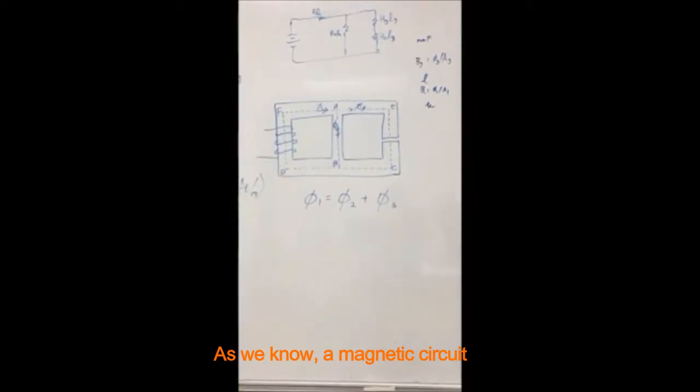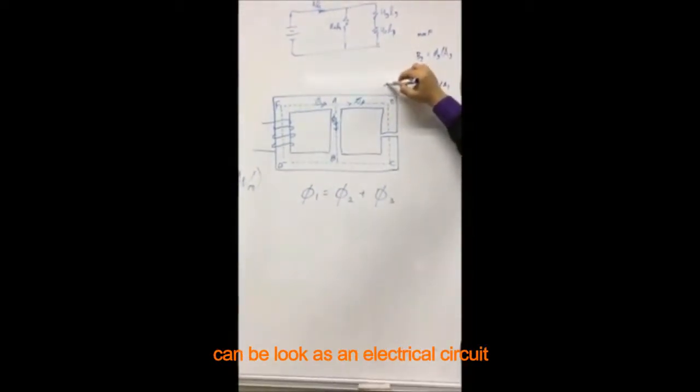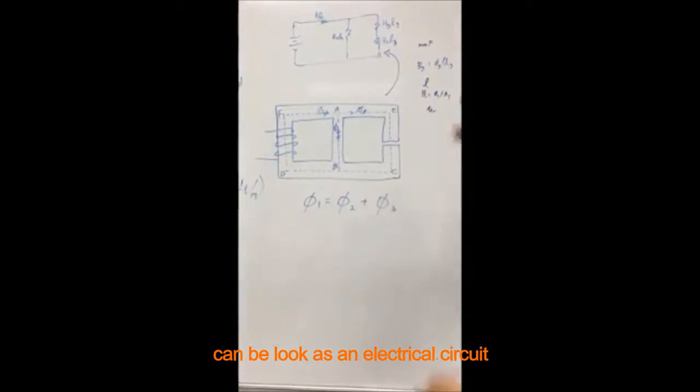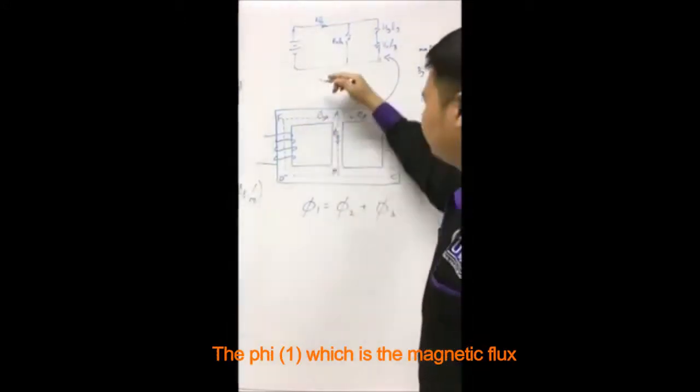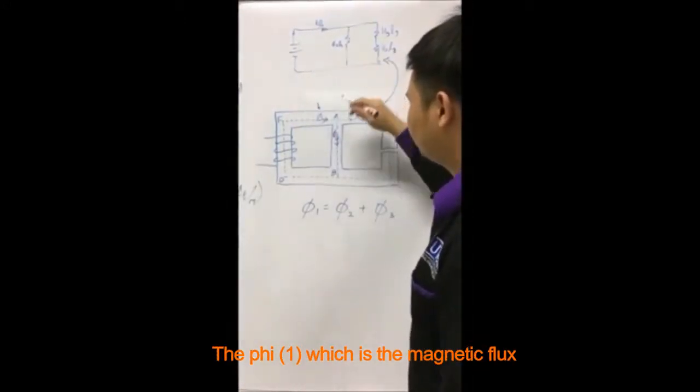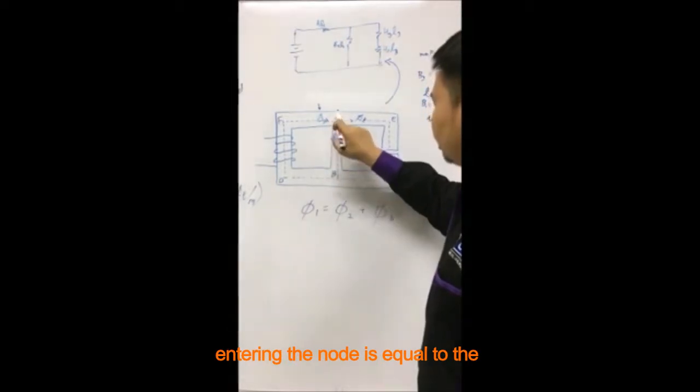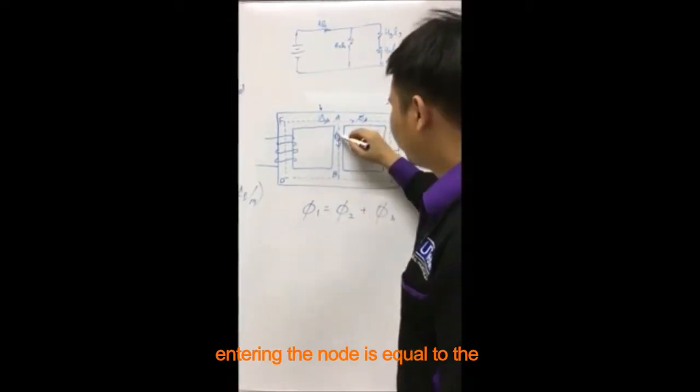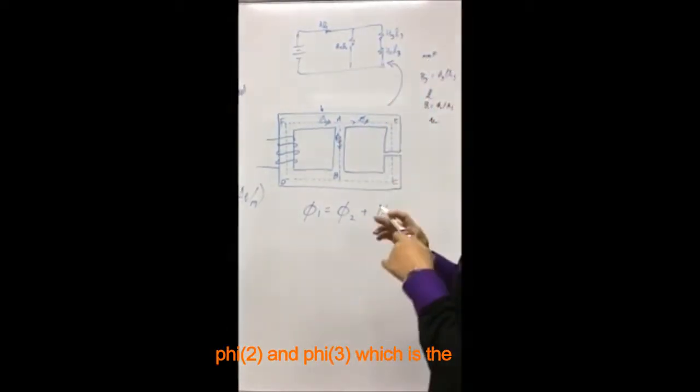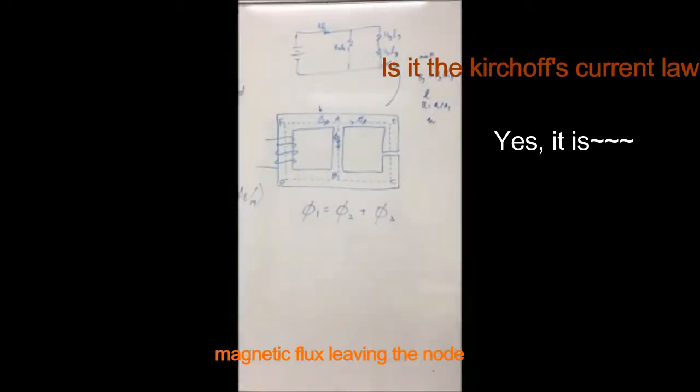As we know, a magnetic circuit can be viewed as an electrical circuit. The flux φ1, which is the magnetic flux entering the node, is equal to φ2 plus φ3, which is the magnetic flux leaving the node.